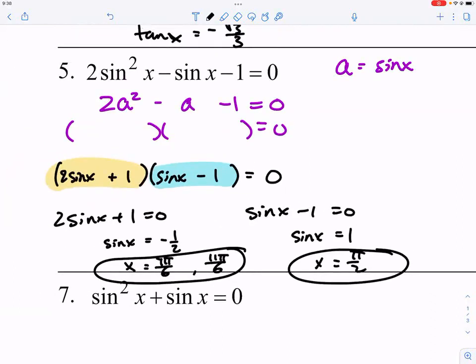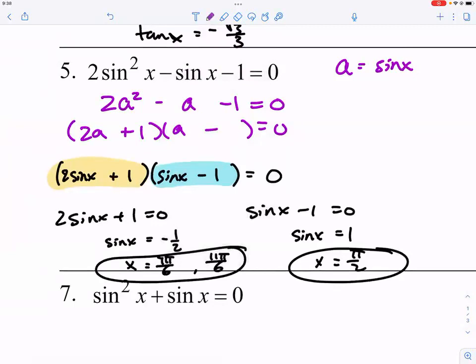From here to here, it's just factoring. If you do the dummy variable factoring, think about a being sine x. You factor the Algebra 1, Algebra 2 way. What times what gives you 2a squared? 2a times a. Remember, this is a 1. Which two numbers can multiply to give you -1?